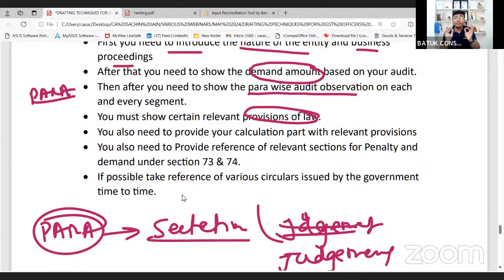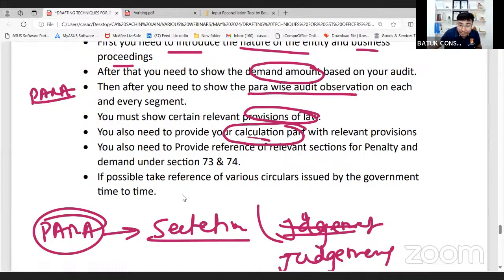If there is any calculation part related to valuation, related to ineligible input tax credit, then we prepare the para. At the same time, we need to submit the calculation part as well, so that the para becomes strong. If you are not giving the calculation with the para, if you are going to attach any annexure for the calculation, in that case your order will not be effective. You have to submit the calculation with the para only.